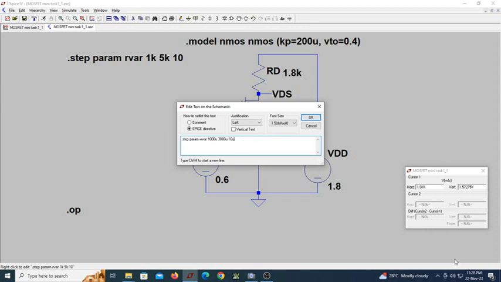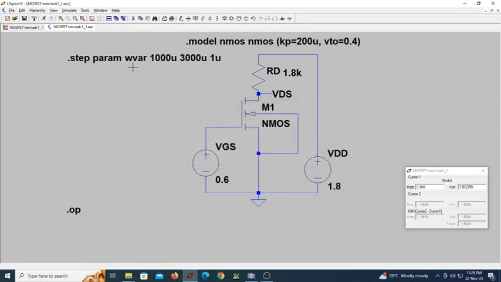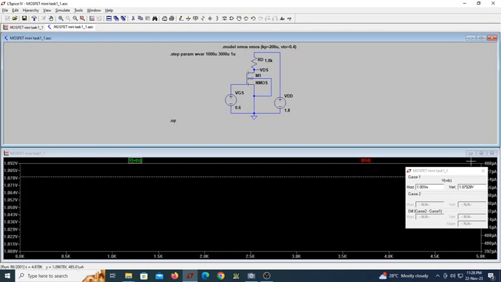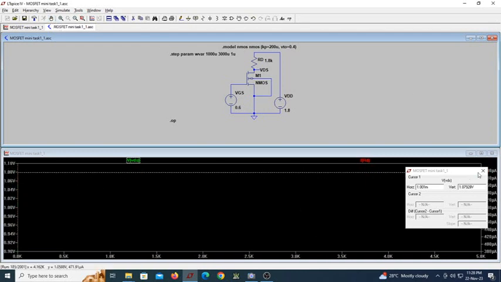I may not exactly get this 0.2, so let me make the increment only 1 micrometer. Of course, it may take some time, but it will be very precise. Let me run it. You can see it is taking more time.